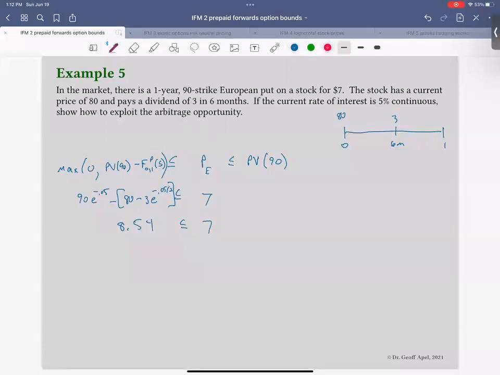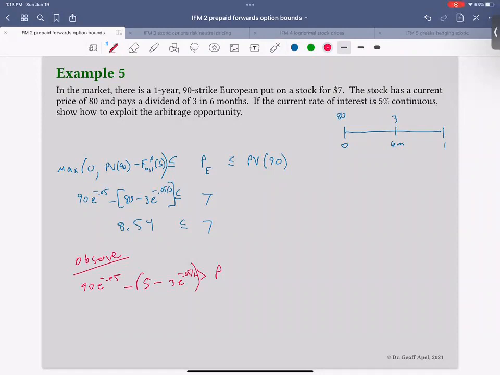Okay, so what do we observe? Well, we observed that actually this stuff was larger than the put. Any actual dollar amounts we'll wrap up into a bond, but the stock we'll just keep as a stock. So here we have 90 e to the negative 0.05 minus stock minus 3e to the negative 0.05 over 2. Any dollar amount is like a bond.